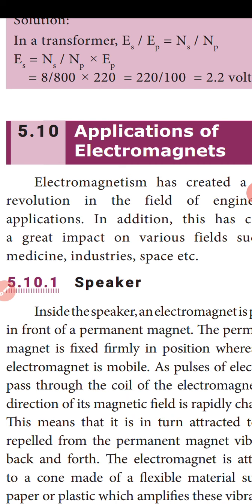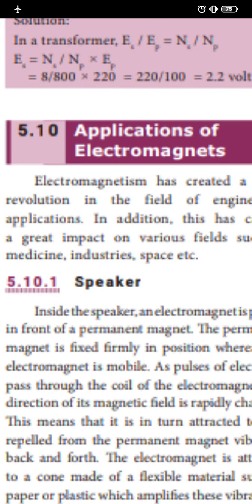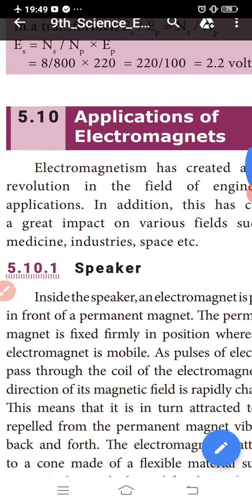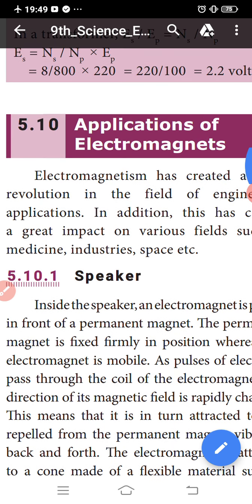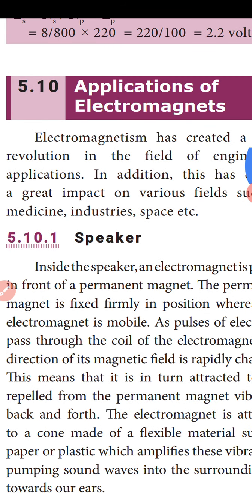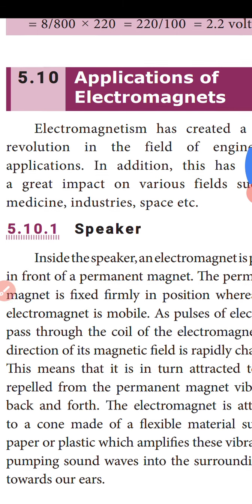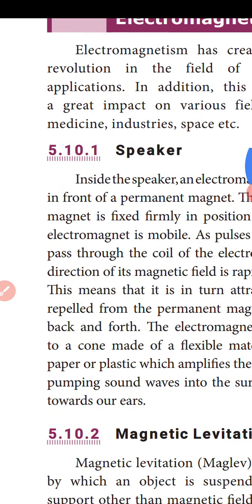The first one is the loudspeaker, the second one is magnetic levitation trains, the third one is the medical system. The first one, the loudspeaker. Inside the speaker, an electromagnet is placed in front of a permanent magnet. The magnet is fixed firmly in position, whereas as current passes through the coil of the electromagnet, the direction of its magnetic field is repeatedly changed.